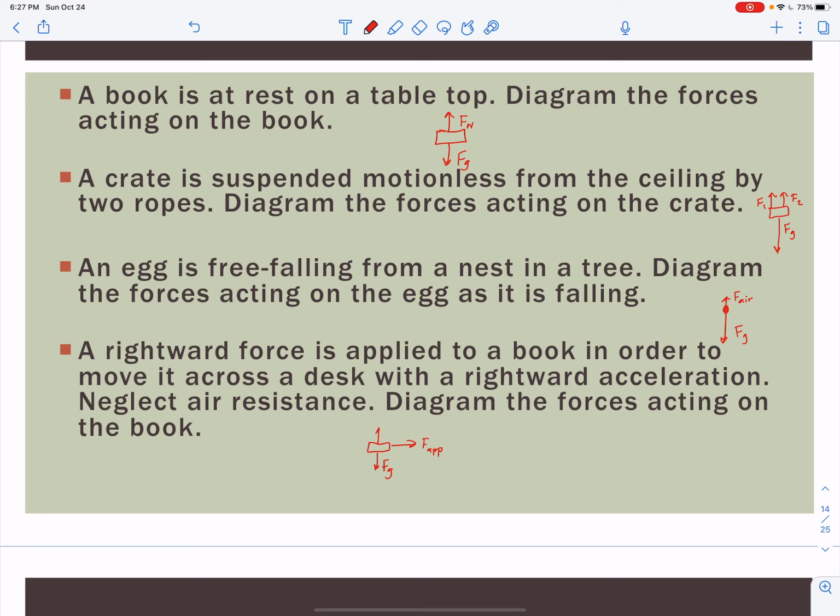It also has a normal force, otherwise it would fall through the desk. And so those should be about equal, right? Or exactly equal, roughly. Not roughly, exactly equal. And there might be a little friction too. But as it says, it's moving with a rightward acceleration, so the friction cannot be as big as the applied force. So I could easily see those 4 forces on that one.